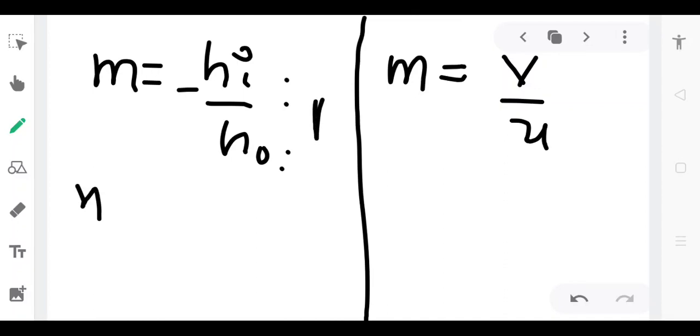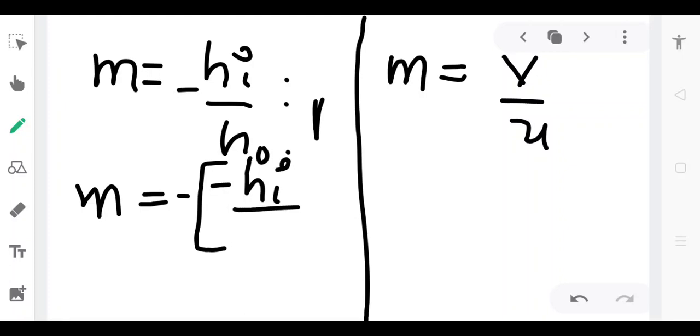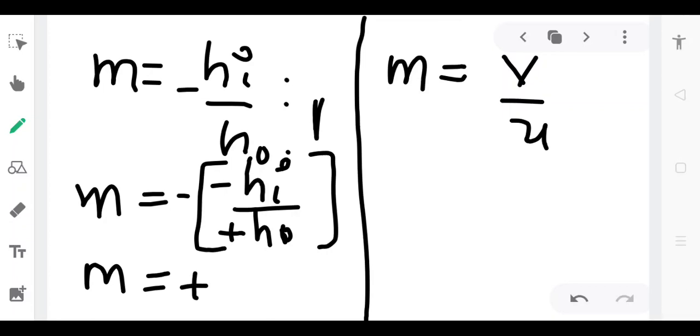M equals, minus is common, that is the default we have assumed, and the sign convention for the height of the image HI is negative, and for the object height HO it is positive. So minus into minus is plus, and you get M equals plus HI by HO.